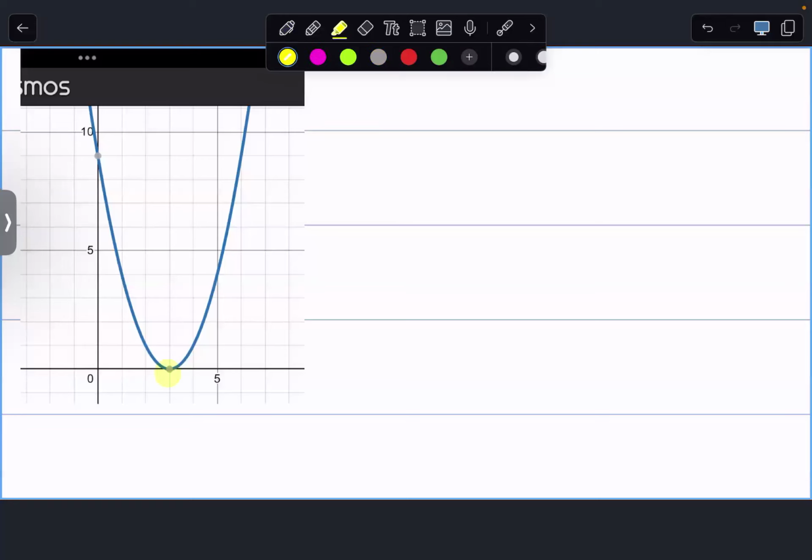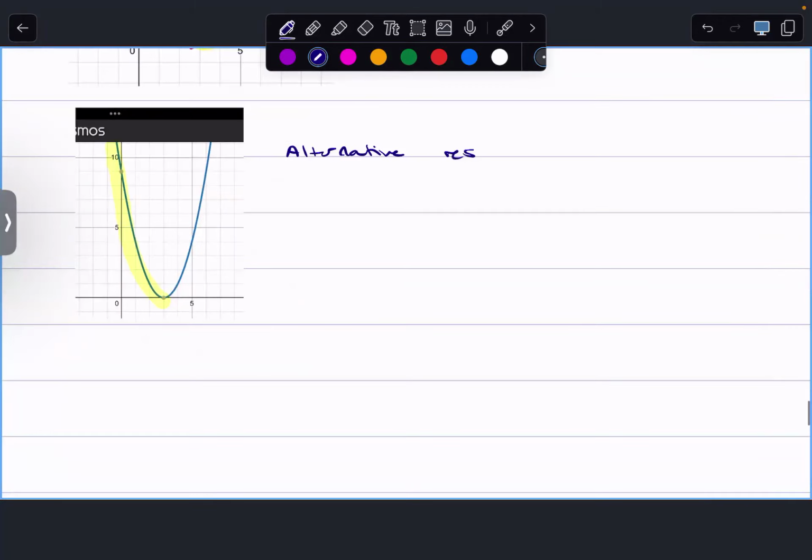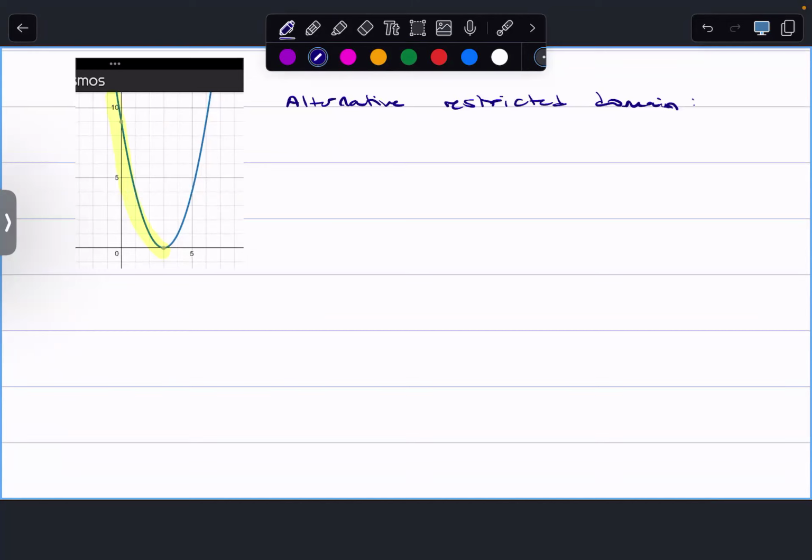But the other way would be to go from negative infinity up to and including 3 if you want. So an alternative restricted domain might be from negative infinity up to 3. Can include 3.